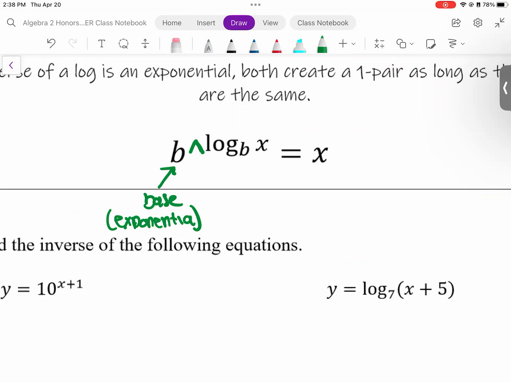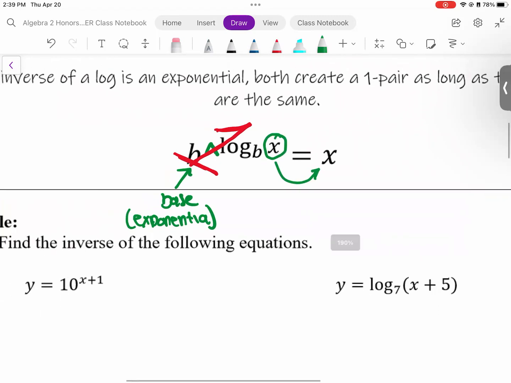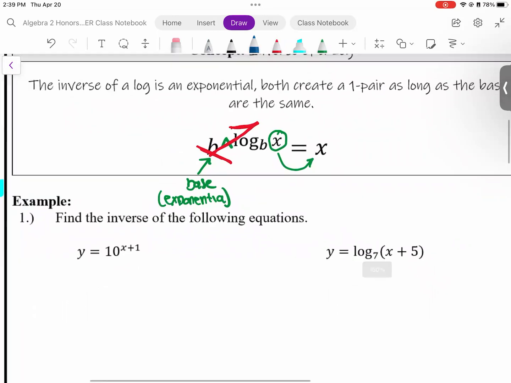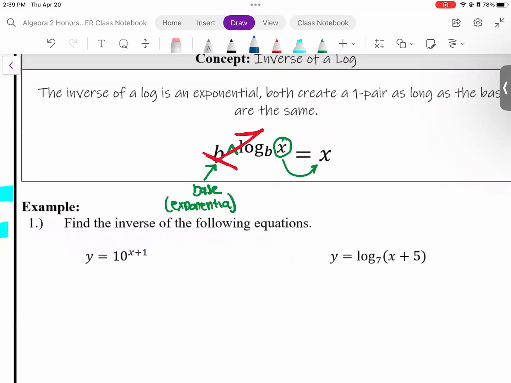What that does is, because they're both inverses of each other, it creates a 1, leaving you with just x. All right, so that's how you're going to be using inverses of each other.